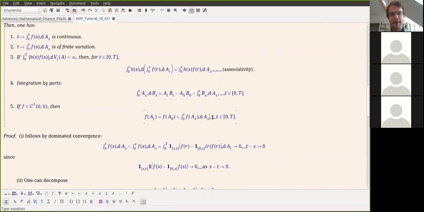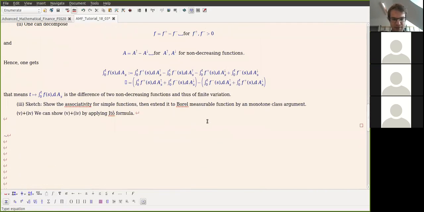And here, two things. This is of course completely consistent with the Ito integral, right? Because you have a finite variation process, so the quadratic variation is 0, so the second order corrector disappears. And the second thing you see here: if you apply a function in C1 to a finite variation process, it's again of finite variation, because we have just seen that this term here is of finite variation. Okay.